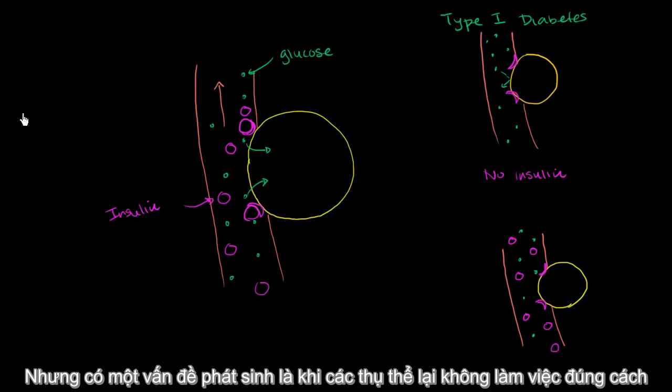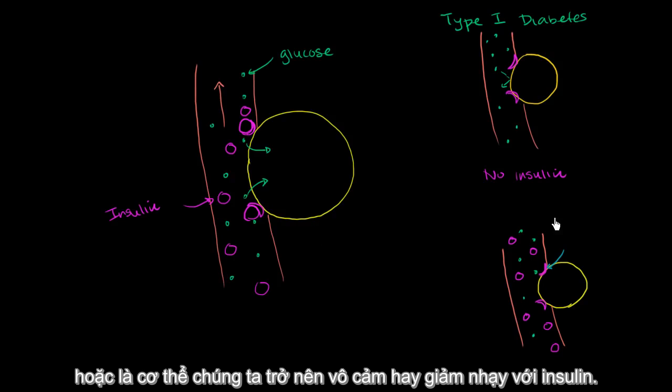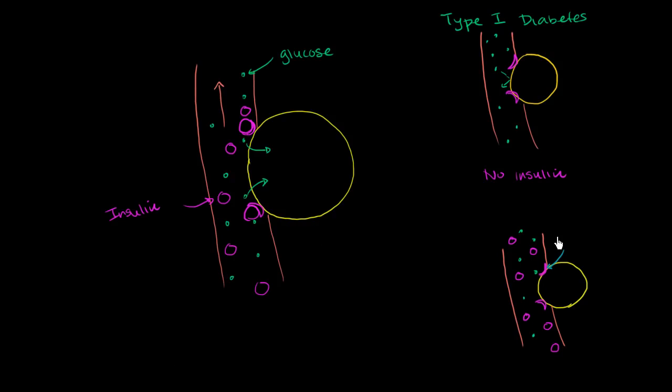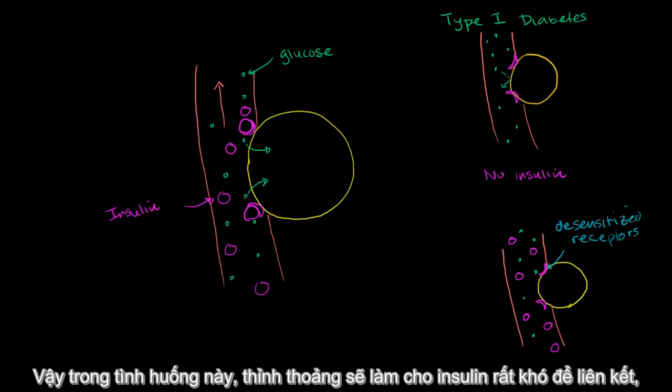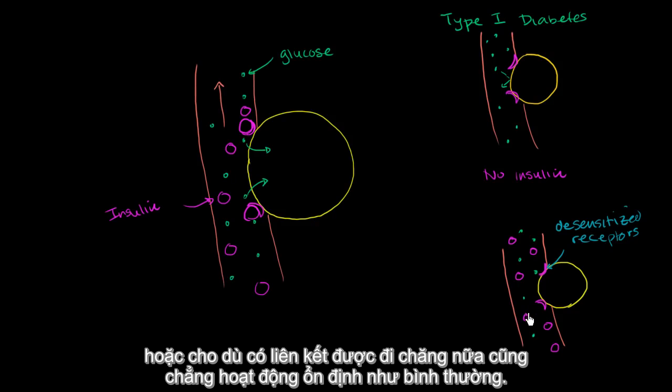But a situation can arise where the receptors are not working properly, or we've become insensitive or desensitized to insulin. So desensitized receptors. So in this situation, maybe it might be the insulin is hard to bind, or even if it does bind, it's not working properly.